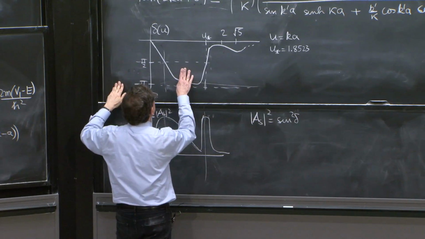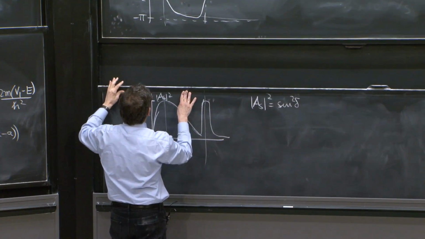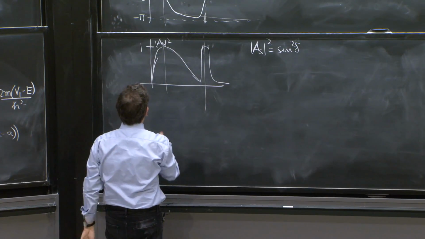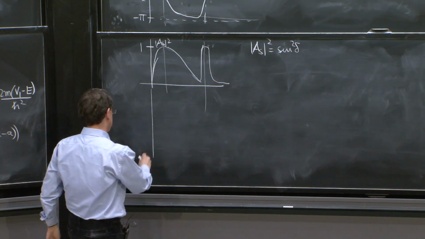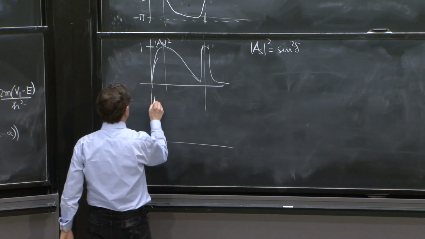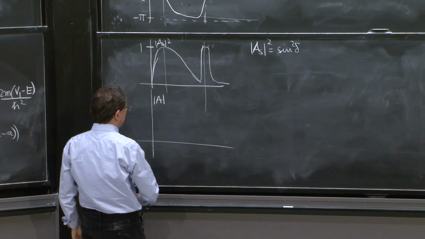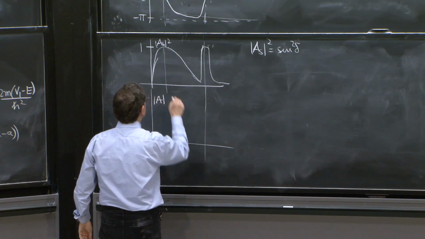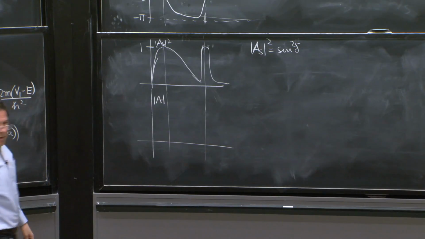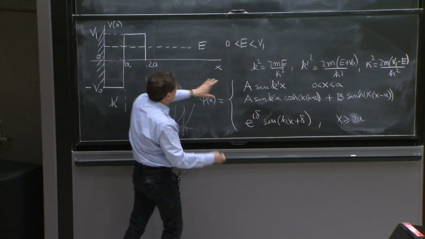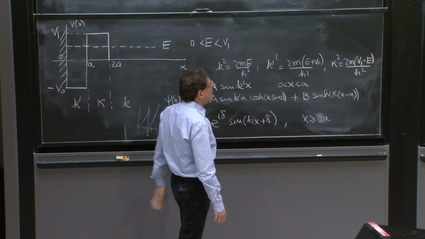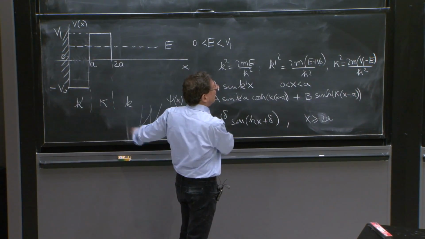So we continue here and plot, interestingly, the amplitude inside the well. So here it is. How does the wave function behave through this constant inside the well?